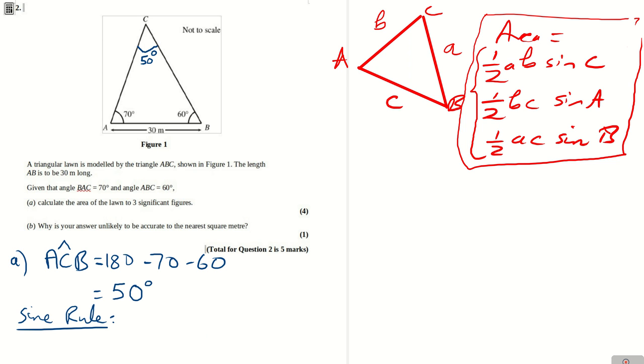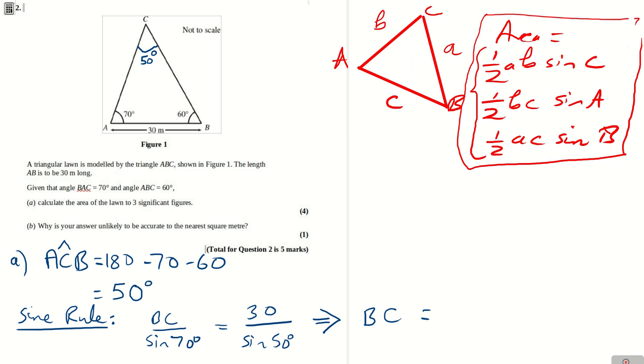The sine rule tells us that BC divided by the sine of the angle opposite, so divided by sine 70, must equal AB, which is 30, divided by the sine of the angle opposite, which is 50. From that, we should be able to work out what BC equals.